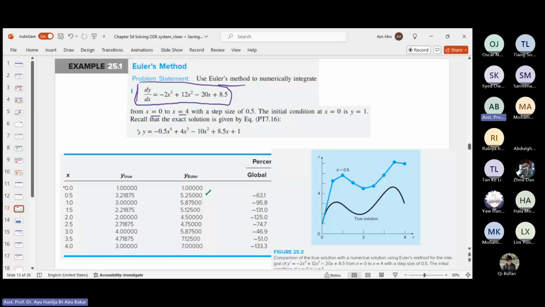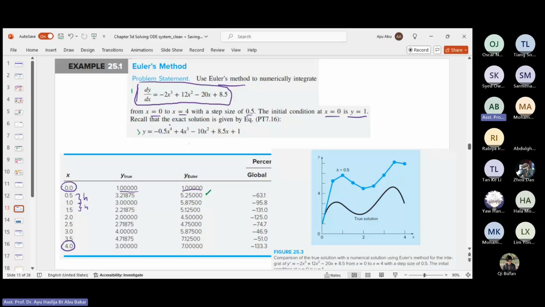From the table here you can see x from 0 to 4 with step size of 0.5. So each of these is the h step size. With initial condition at x0, y equals 1. Y true is 1, y Euler is also 1, the same starting point.